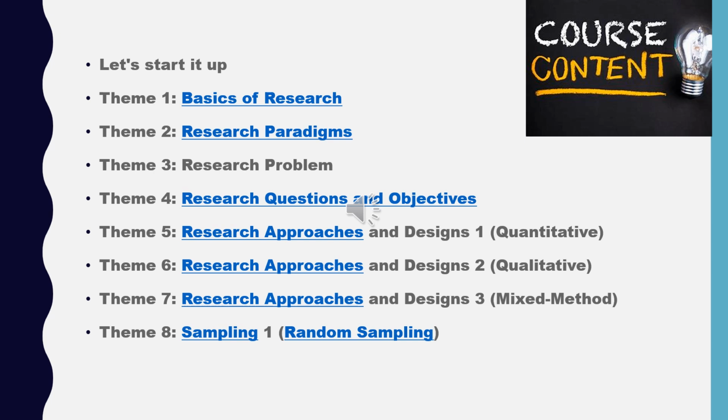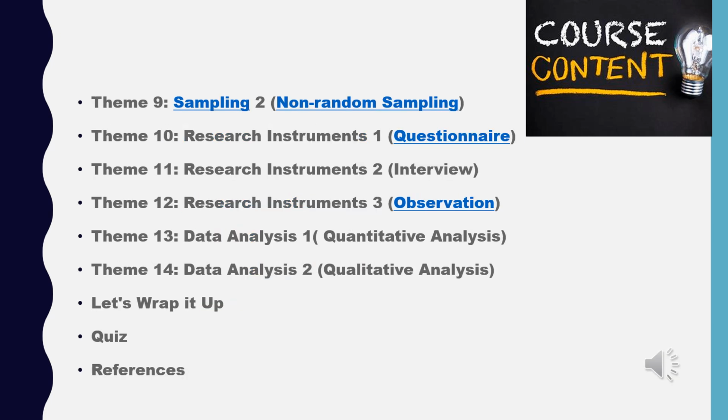Theme 8 starts with sampling, whereby we're going to be dealing with the random sampling techniques. Going on, Theme 9 deals with the non-random sampling techniques, whereas Theme 10 starts research instruments.